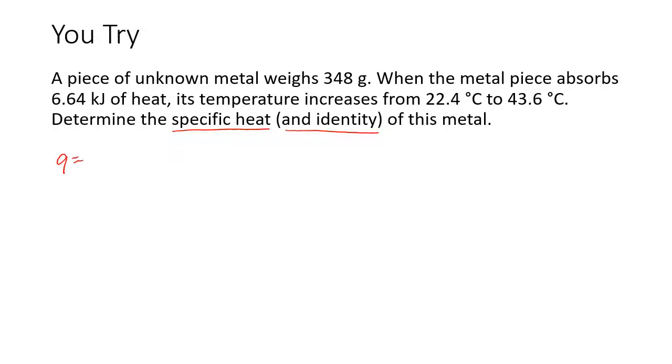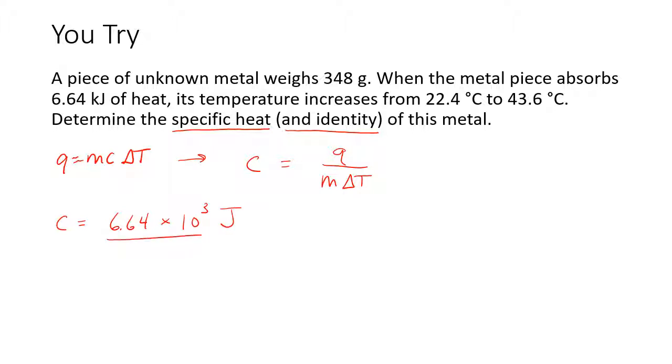So starting with our formula, Q equals mc delta T, this time we're rearranging and solving for c, which is our specific heat. That will equal Q divided by the mass times the change in the temperature. So our specific heat in this example will be equal to, we have 6.64 kilojoules of heat, and we want to make sure that we put our units of heat energy in terms of joules so they cancel out.